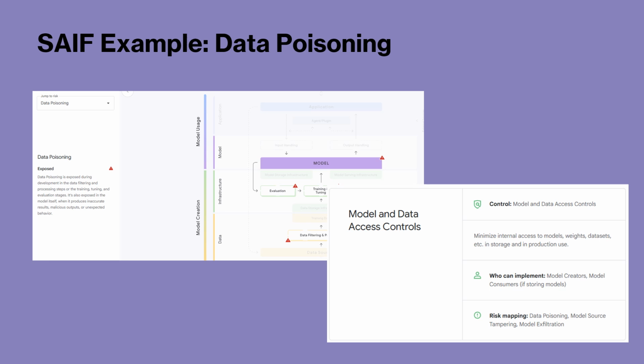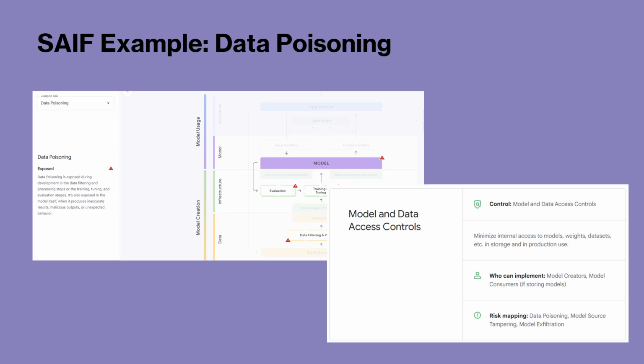Yeah, that makes sense. Now, who's responsible, which is very unique to this and which I love, is it says who can implement this? The creators and the consumers if they're storing their own models. This is different than the other risk management frameworks because I feel like this actually holds your hand through implementation better than the other ones where they give more of a guidance.